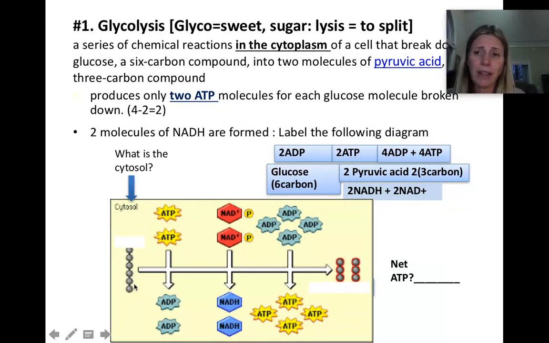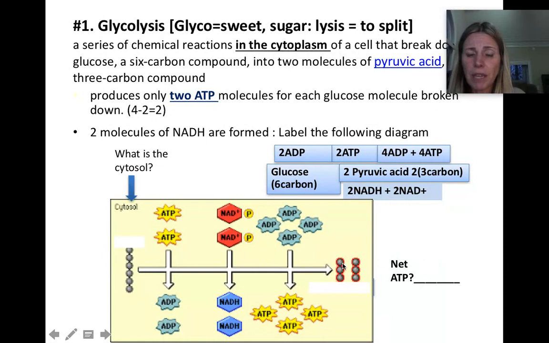I know it's broken down. It's not a circle, which is normally how glucose would appear, but it's a 6 carbon sugar. And what's going to happen is you're going to take those 2 ATP. You're going to be using that energy. So you're putting in 2 ATP, and from there, you're going to be making 4 ATP. So again, the net would be 2.